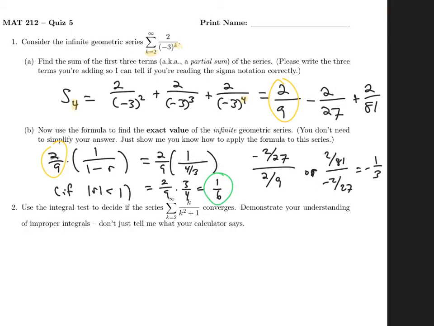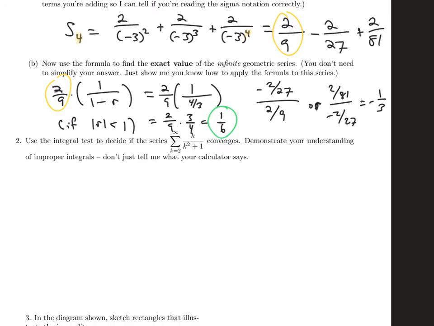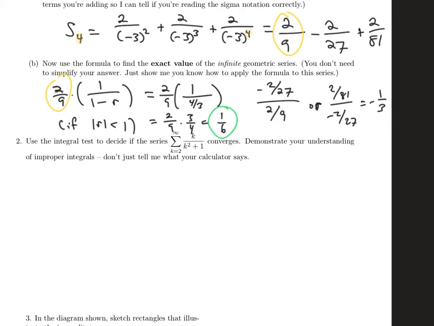In number 2, we're told to use the integral test. So the essence of the integral test is: as goes the infinite integral, the improper integral, so goes the series.